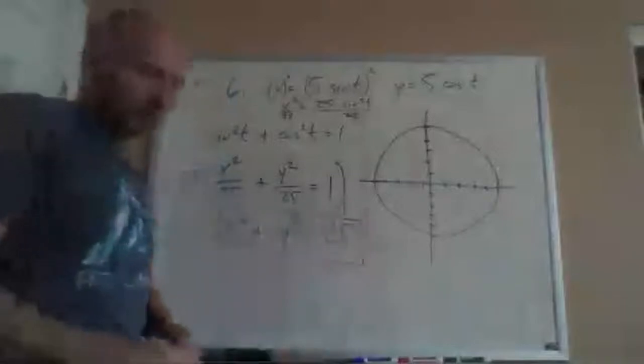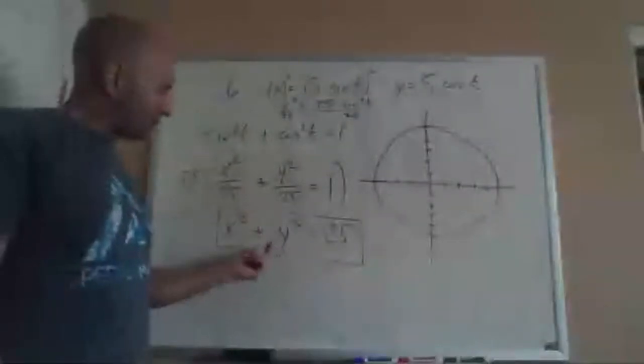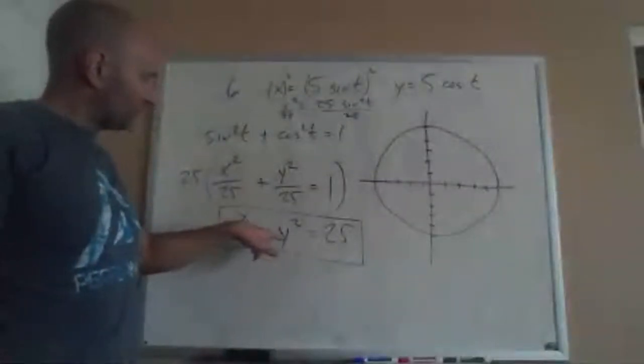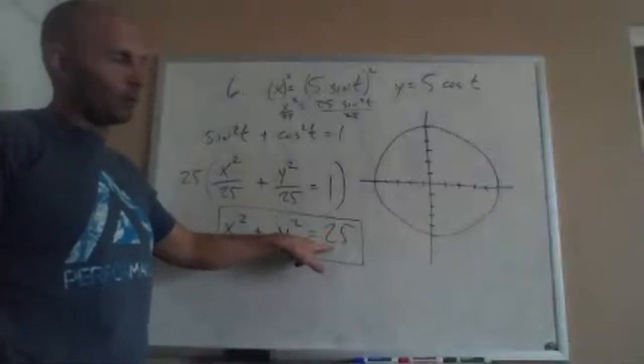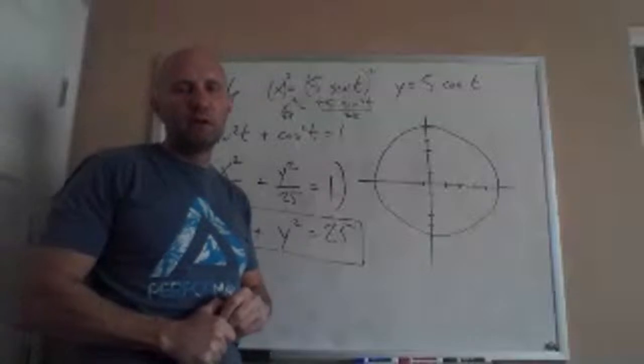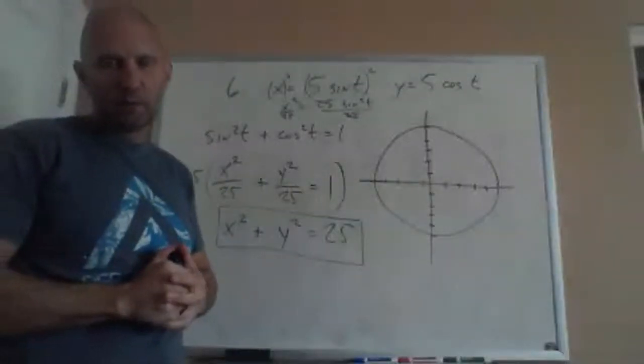So if you think back to Math 126, this is what? This is the standard form of a circle with the center at the origin and a radius of square root of 25, which is 5. So this equation gives you the exact same picture as the parametric equation. So any questions on that one before we move on?